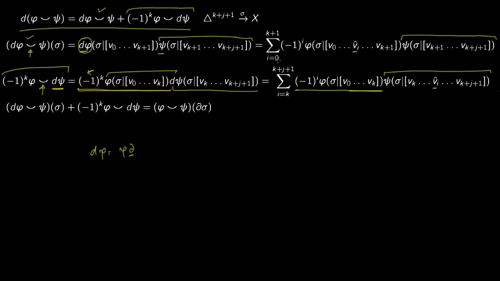Now we just add them up, and you will see this is just the application of partial to sigma. So you will go all the way from 0 to k plus j plus 1, and that's precisely what the cup product would be. And this partial of sigma is, by definition, equal to d of it. Now the only thing we have to see here is that this ends at k plus 1 and this ends at k.